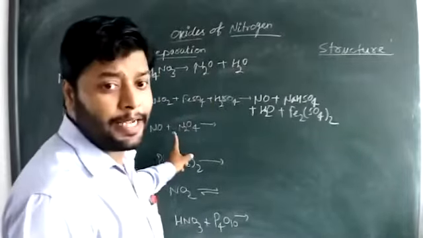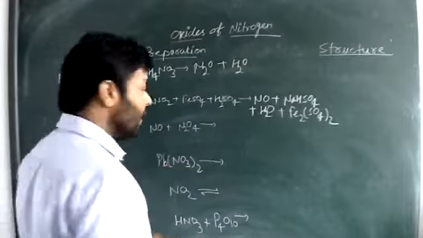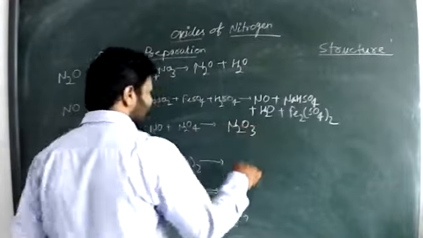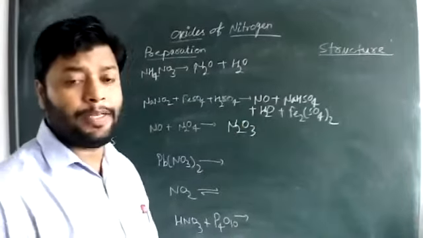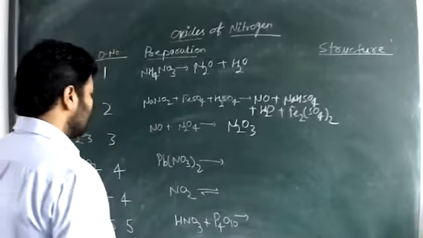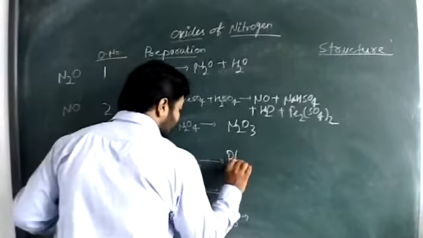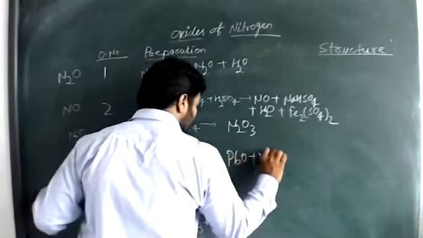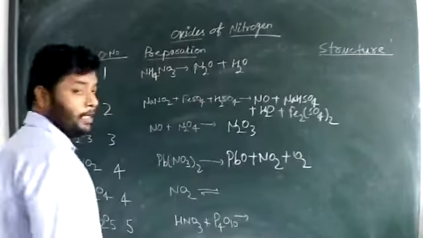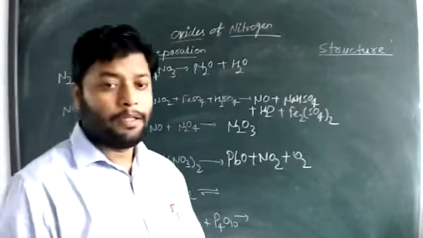There is a rearrangement reaction between nitric oxide and nitrogen dioxide, and the product will be N2O3. That is a rearrangement reaction between two different oxides of nitrogen. Thermal decomposition of lead nitrate will produce lead oxide plus nitrogen dioxide plus oxygen.